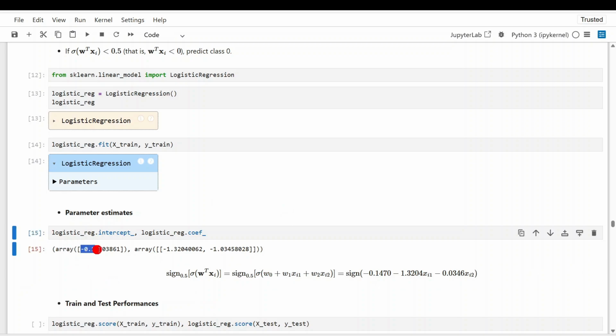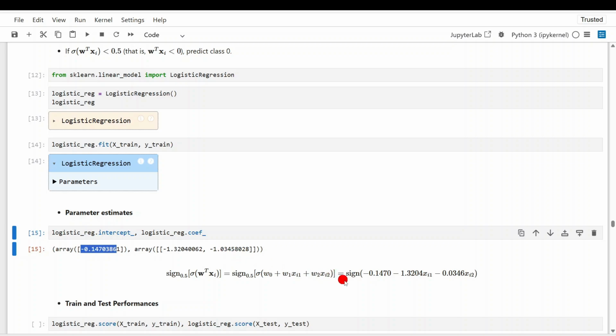Therefore, the bias of the logit model is minus 0.147, the weight associated with the first input feature x1 is minus 1.32, and the one associated with the second input feature is minus 0.0346.